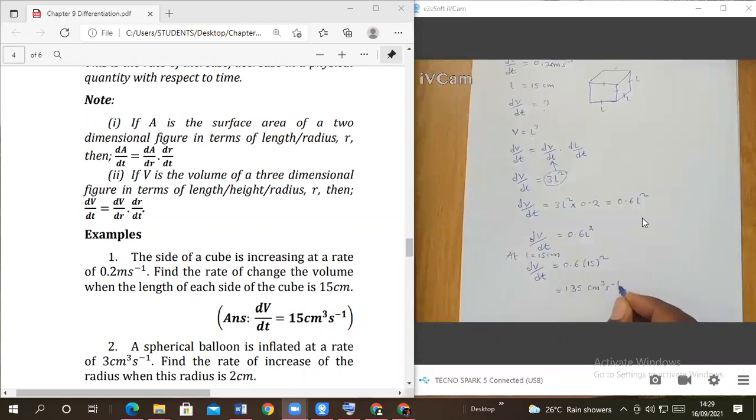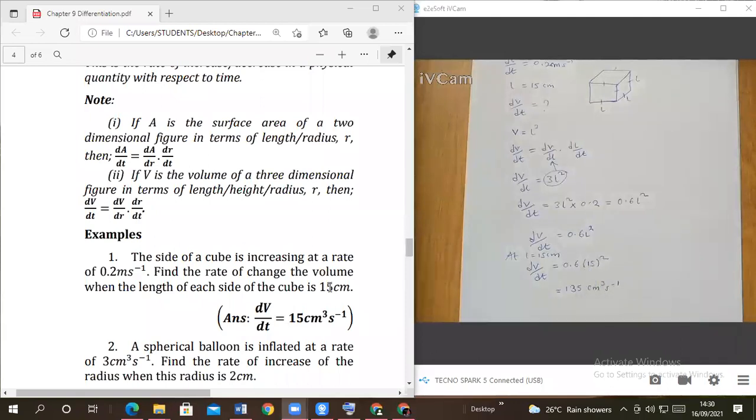Very good. So you are going to ignore the answer you see in the notes. It is wrong. The one I put was obtained when the side of the cube is 5, not 15. So our value we're using here is 15, not 5.